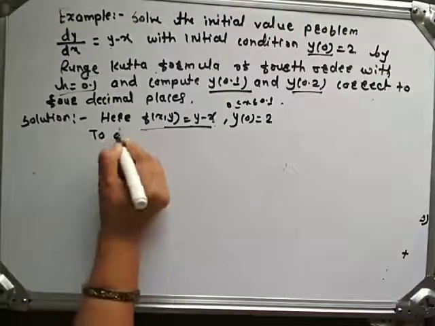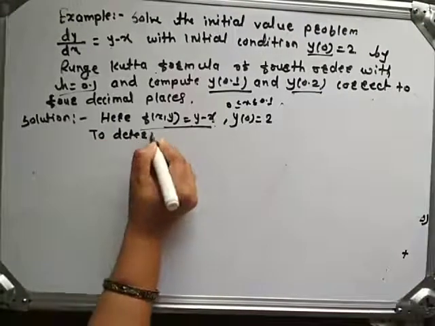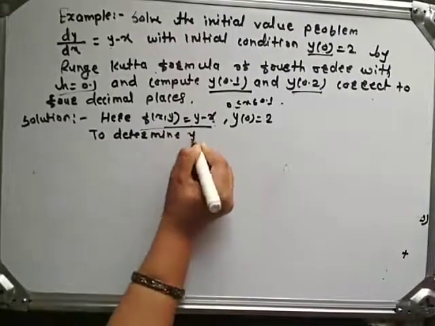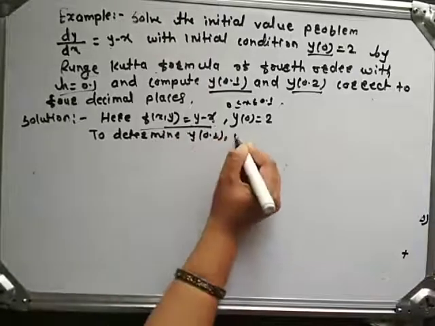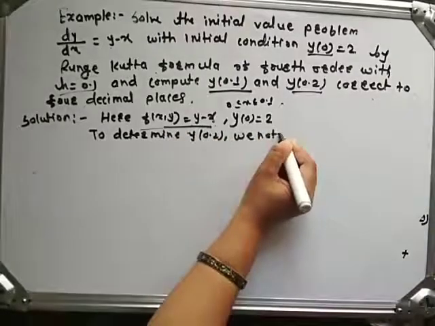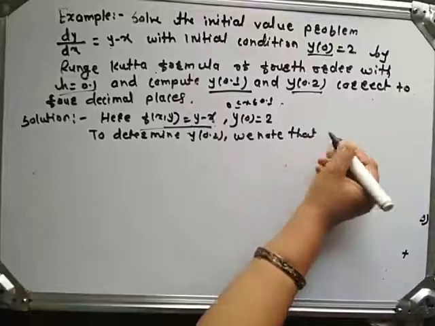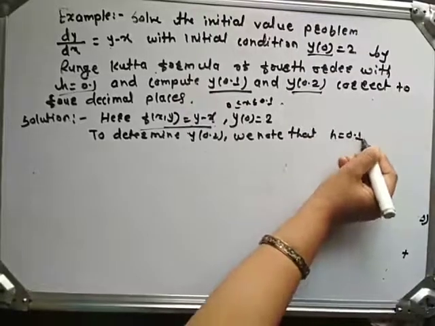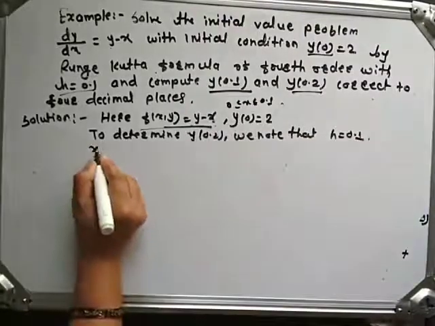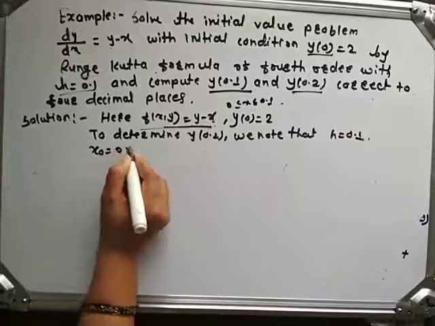To determine y of 0.2, we know that h is equal to 0.1, x0 is equal to 0.1.